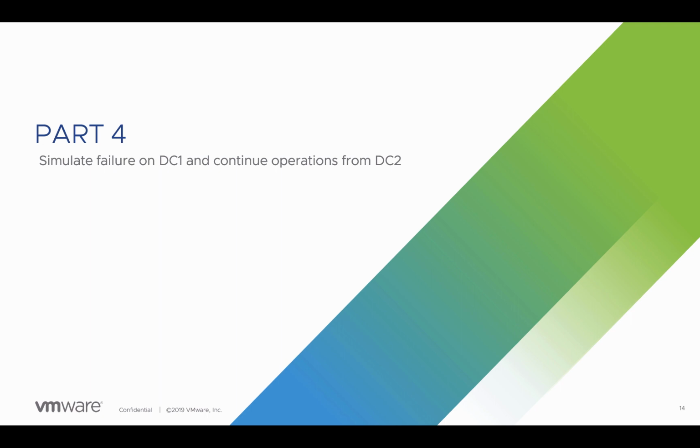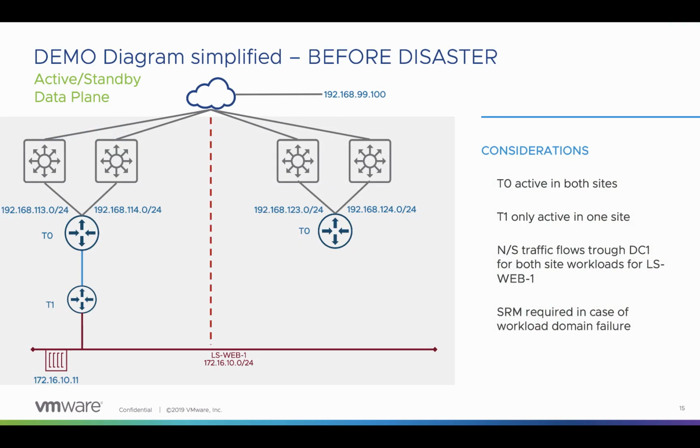Now let's start. First of all, this is the diagram before the actual disaster. We've seen this before in part 1, 2, and I think part 3. We've seen that this VM, 172.16.10.11, is active in site 1. What happens if site 1 fails?